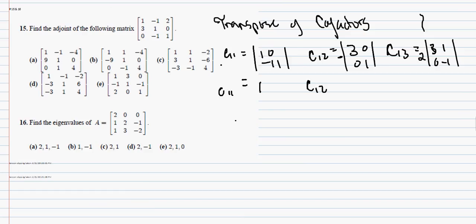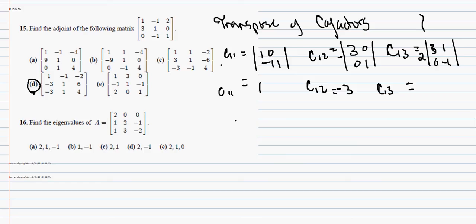C12 is negative 3. If you see a negative 3 somewhere, first of all, you could already start limiting the possibilities. You don't see a negative 3 here, here, here. I would pick D as the answer, just to make sure. What's C13? C13 is 3, negative 3, so negative 6, I would say.